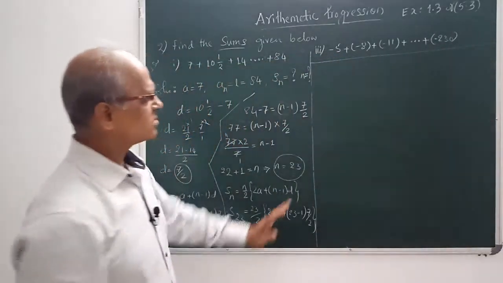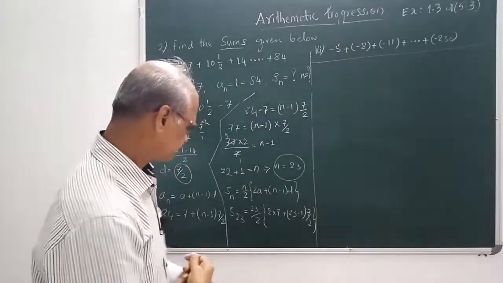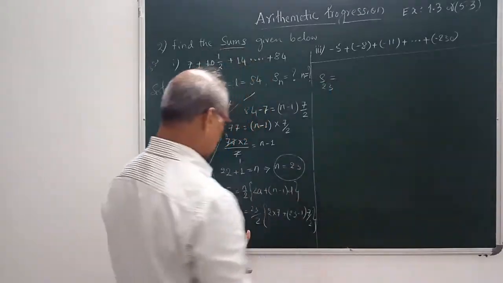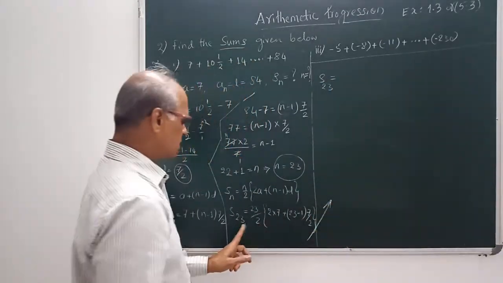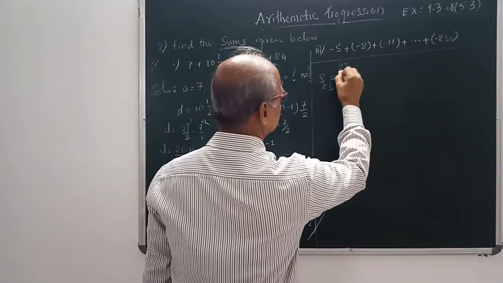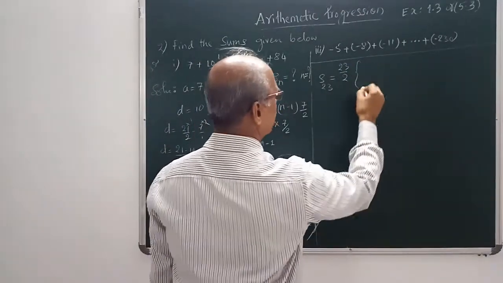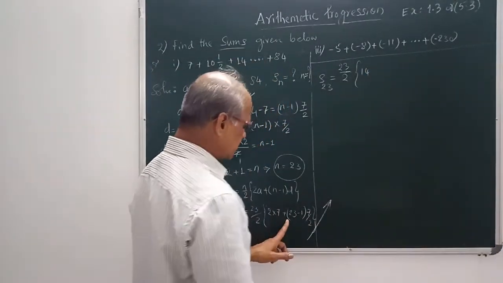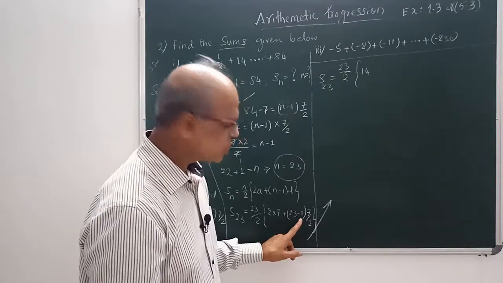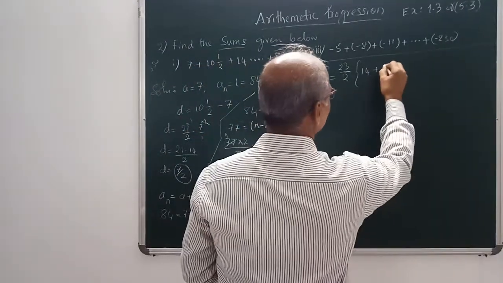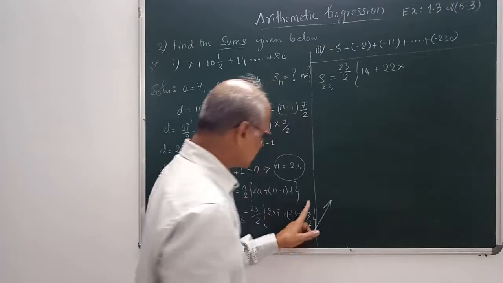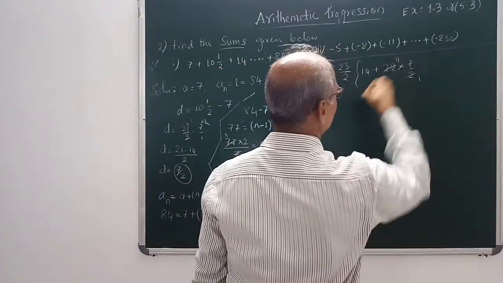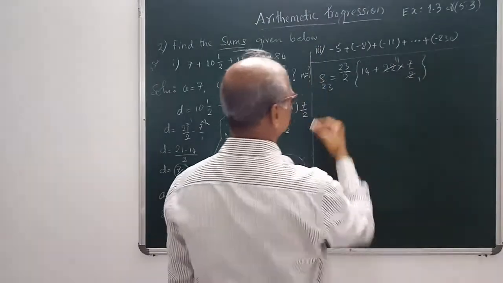Okay, now here I will solve this first, then rub this and go for the next one. So S23 is equal to, this is continuance, 23 by 2 into the bracket: 14, 2 into 7 is 14, plus 23 minus 1 is 22. So plus 22 into 7 by 2. 2 ones are 2, 2 11s are 22, you can cancel. Bracket.